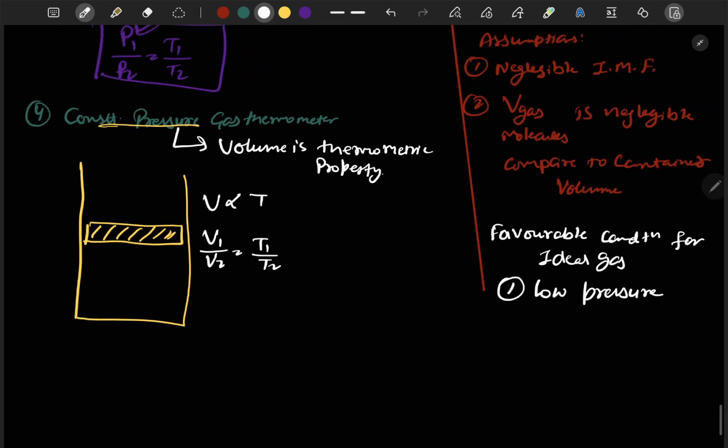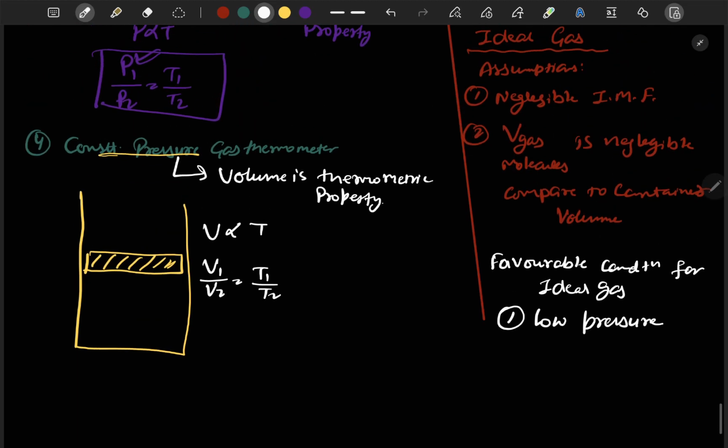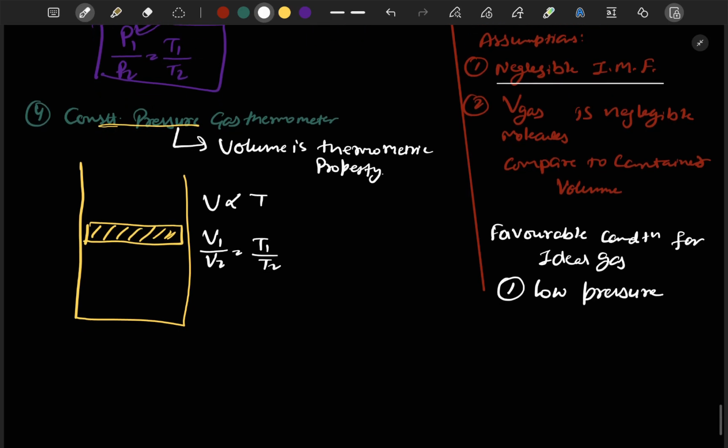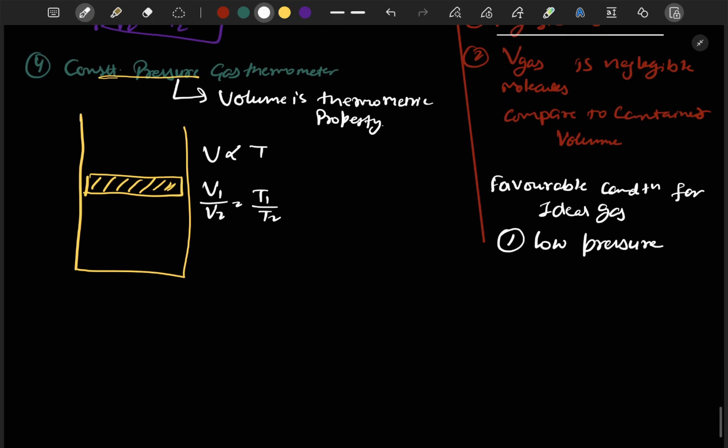Pressure is generally generated due to collision of molecules with the surface. If there is negligible intermolecular force, it means there is a very small number of molecules, so the pressure will be very low. The second is high temperature, very high temperature. These two are very important favorable conditions for an ideal gas, and the most important is low pressure.